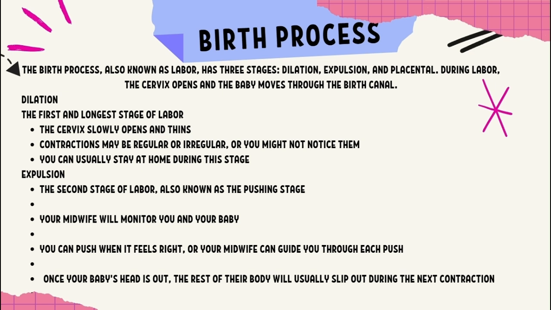So then expulsion, which is the second stage of labor, also known as the pushing stage. So when the pregnant person goes to the hospital and they check and say, wow, this much dilated, and then say, well, listen, you're about to have the baby. So when they do that, they hook you up on the hospital bed, put on a drip and whatever you need.